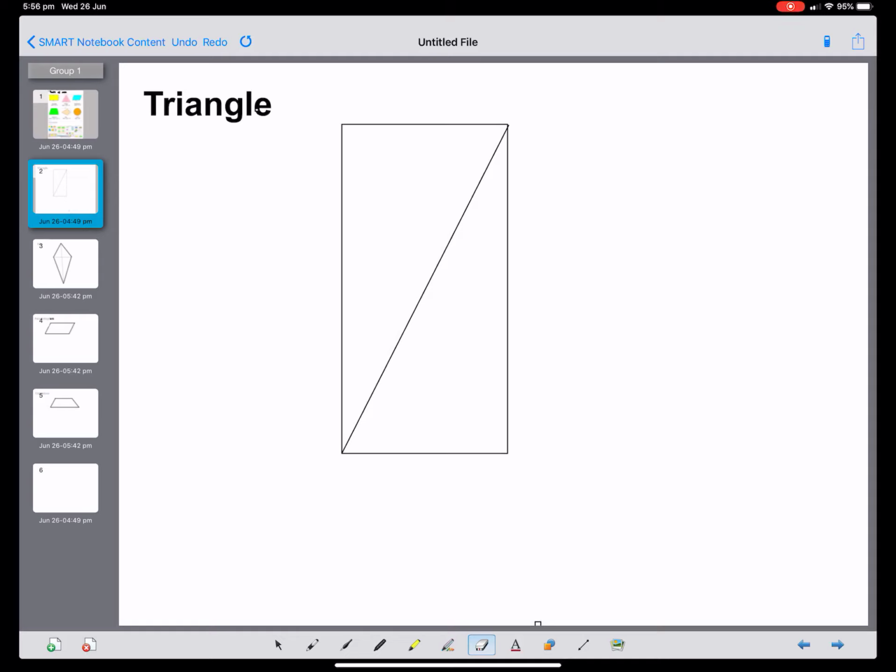Okay, so as you can see, we've got a rectangle here, and a rectangle has certain properties.